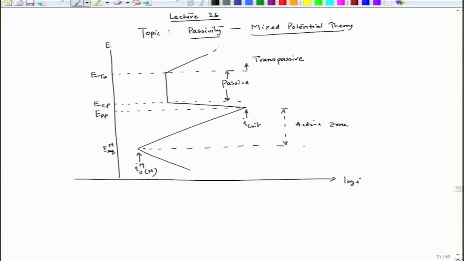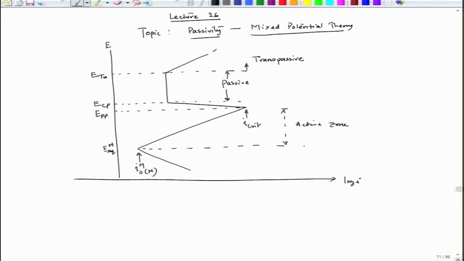and this particular thing can also appear even if the metal oxide does not get affected or broken down. There could be an anodic plot like this, an increase in current density, that could appear due to oxygen evolution, but we are not talking about oxygen evolution anymore, assuming that this polarization line is not crossing the oxygen evolution line.